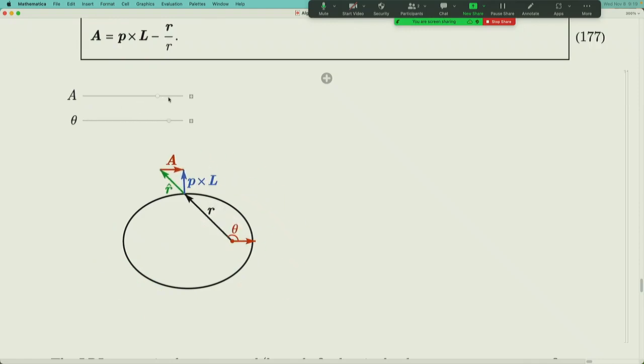But as it is moving along the orbit, at every point you can compute, first of all, P cross L. L is the angular momentum. Suppose the electron is circulating in this direction, then L is pointing out. If it circulates in the other direction, then L is pointing in, and P is, in this case, going along this direction.